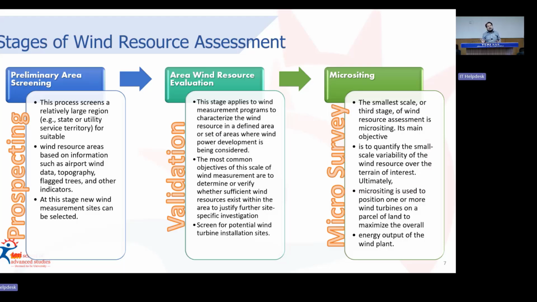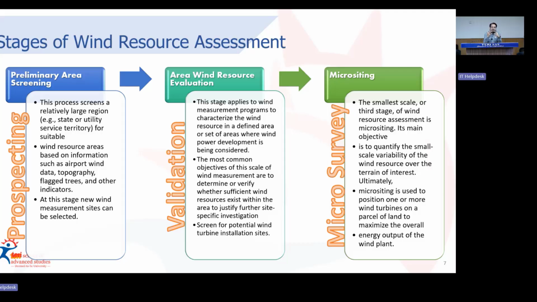Wind resource areas are based on information received from the nearby airport, or looking at the topography of that particular area, or looking at the flagging of the trees, or any other natural indicators.